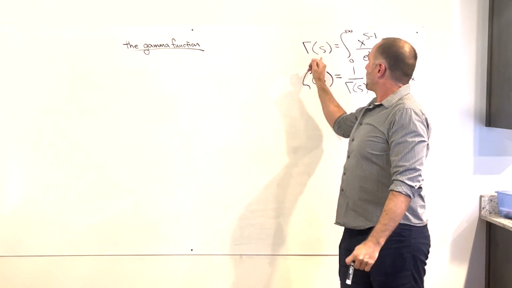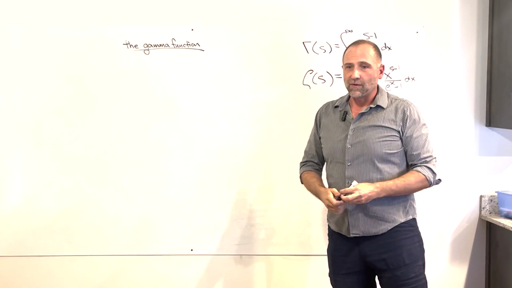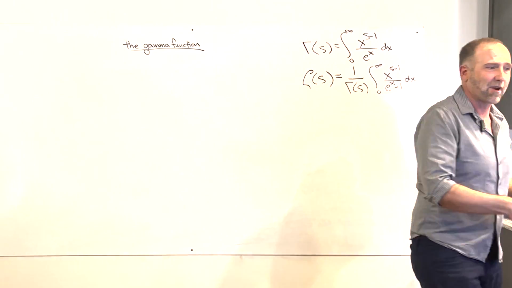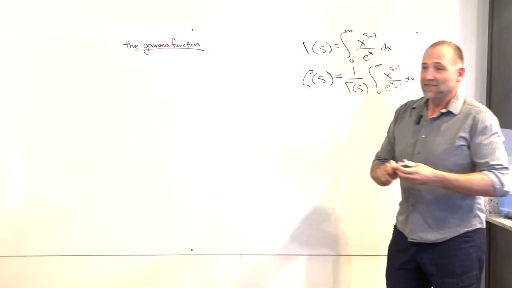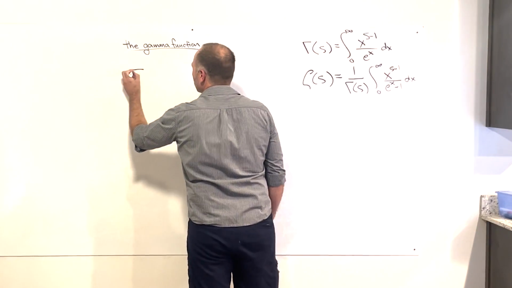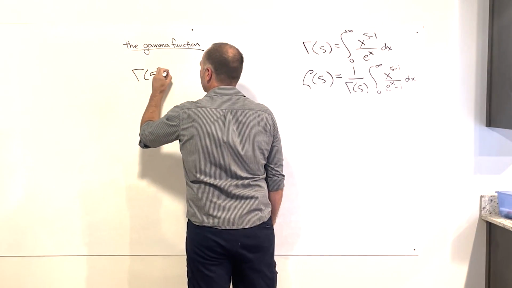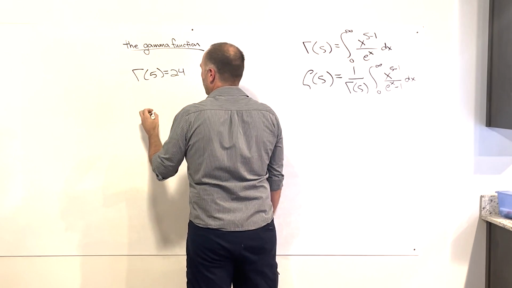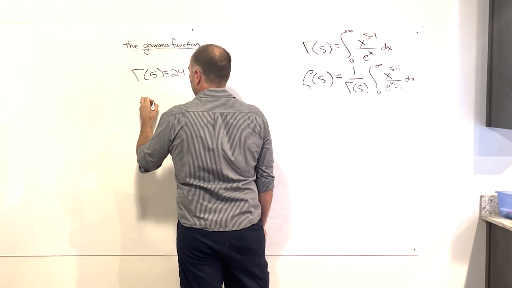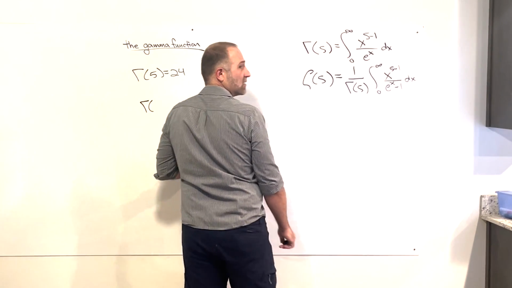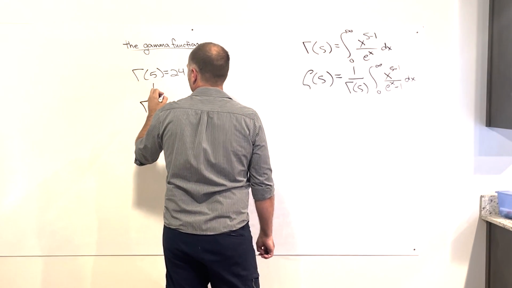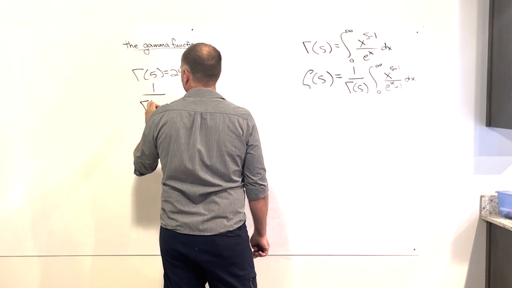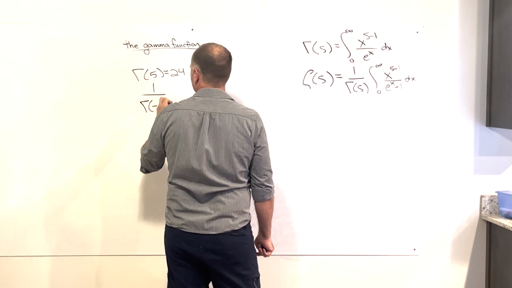Okay, so what are some cool features we know so far about the gamma function? Anybody remember any of them? Well, gamma of 5 is 24. Yes, it's one specific one: gamma of 5 equals 24. What about 1 over gamma of negative 1?